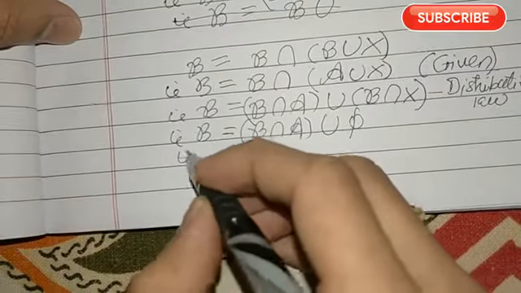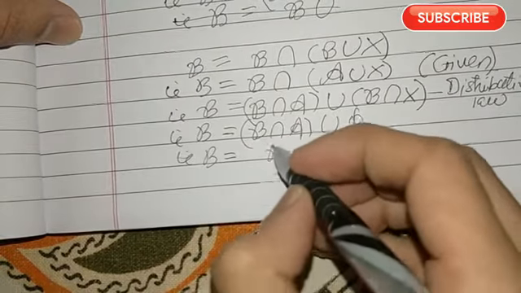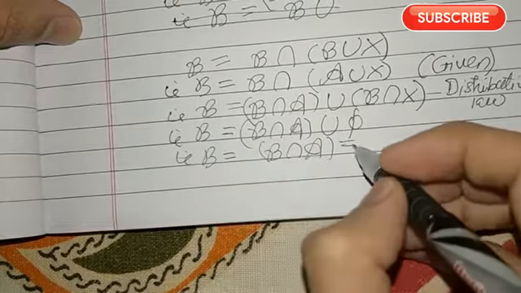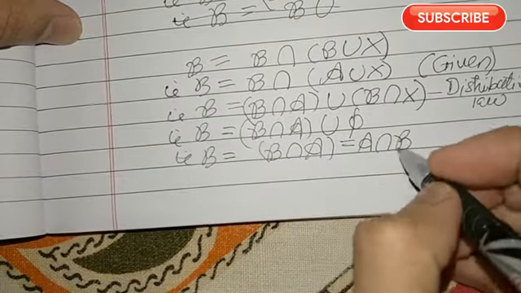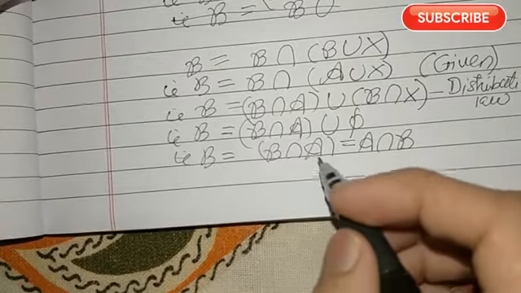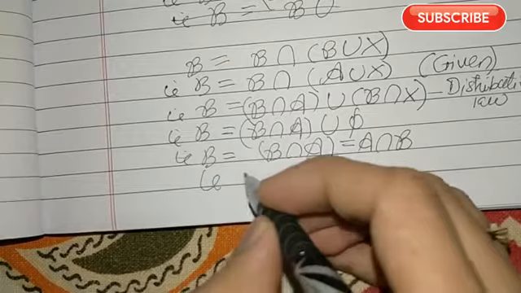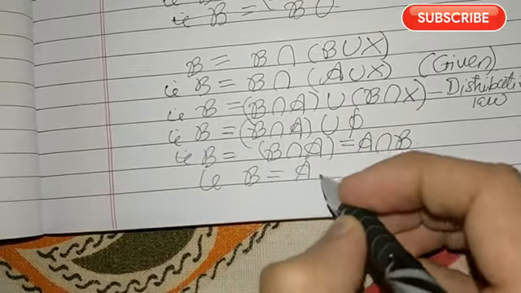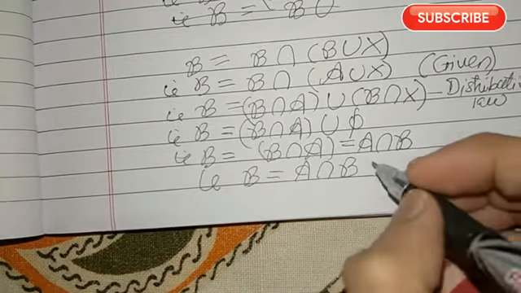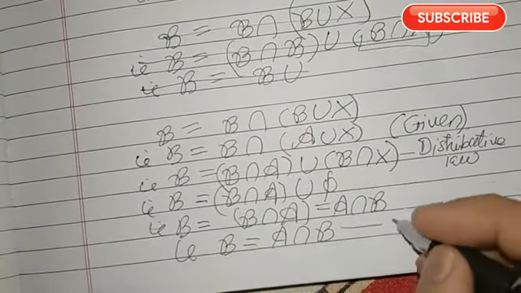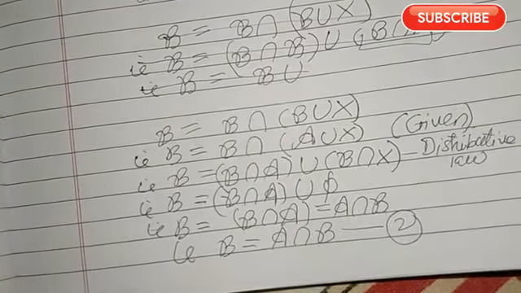So we got B is equal to B intersection A, which is equal to A intersection B. So B is equal to A intersection B. Let us call this as 2.